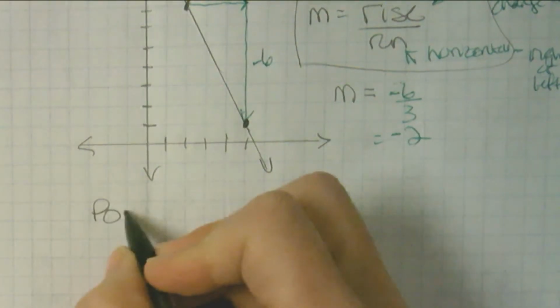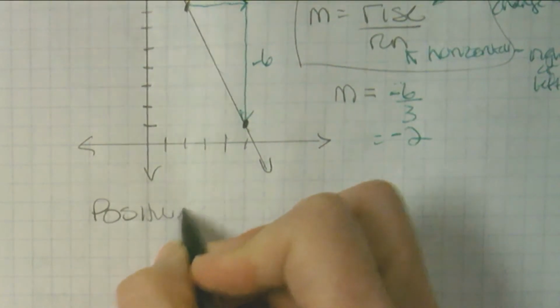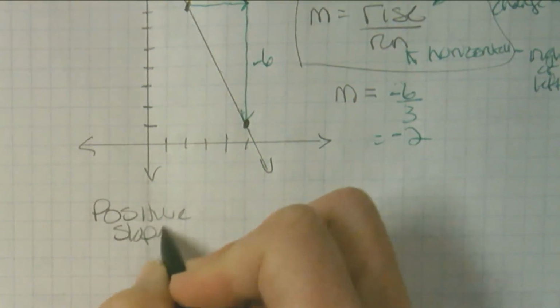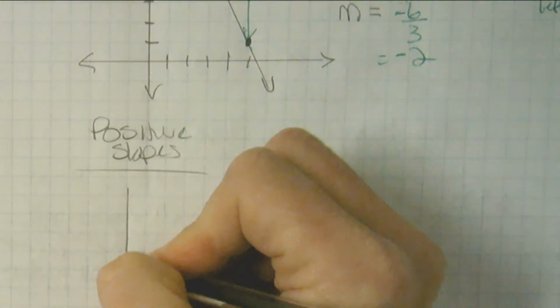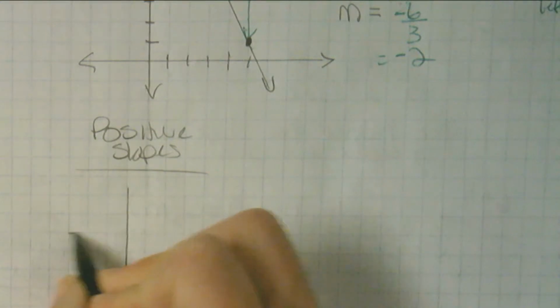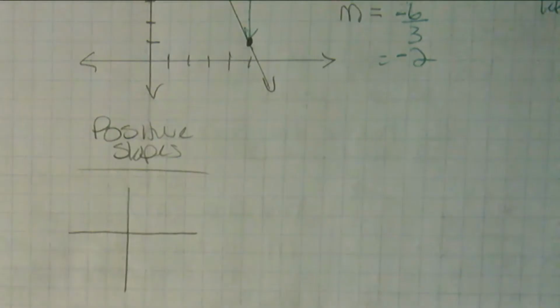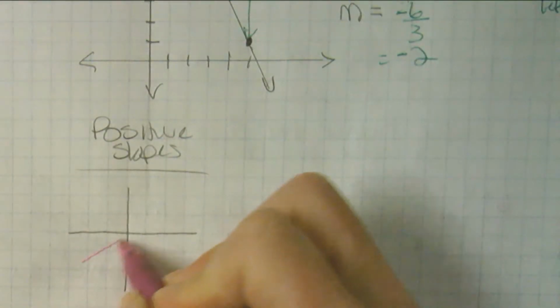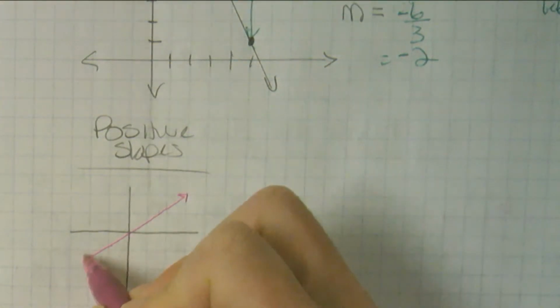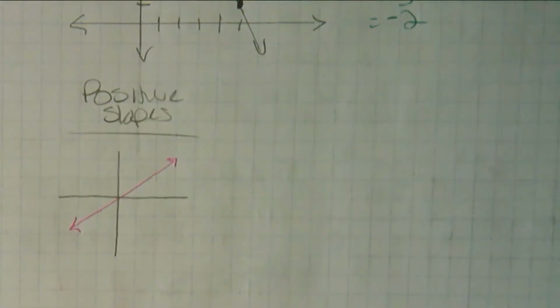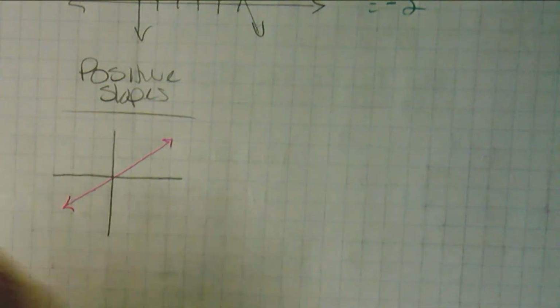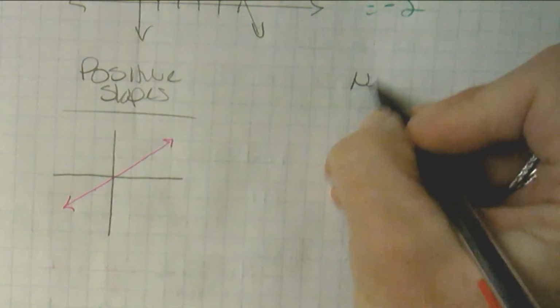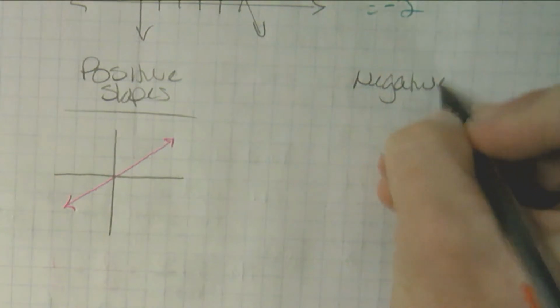All right, so when we have positive slopes, I'm just going to do a little quick graph here. You're always going to have the line going up from left to right when we have positive slopes, and going down when we have negative slopes.